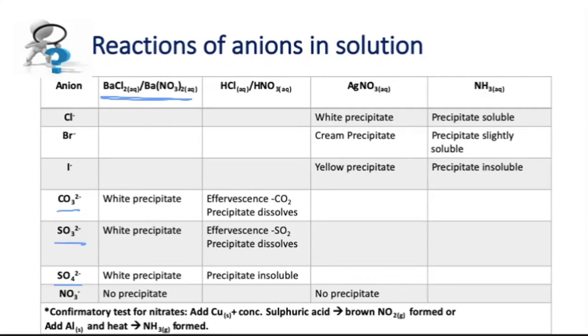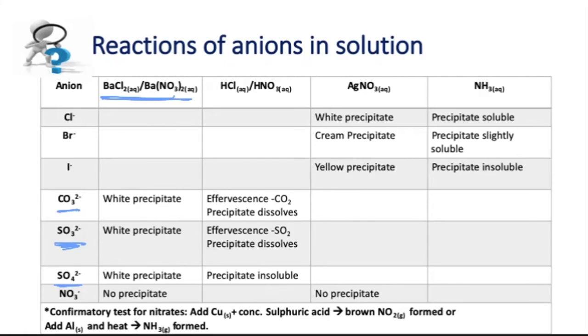So these two reagents would contain aqueous barium ions, Ba2+. The principle here is that these aqueous barium ions would form a precipitate with either the carbonate, the sulfite, or the sulfate. To distinguish among the three, we would now add dilute acid to see if the precipitate would dissolve.